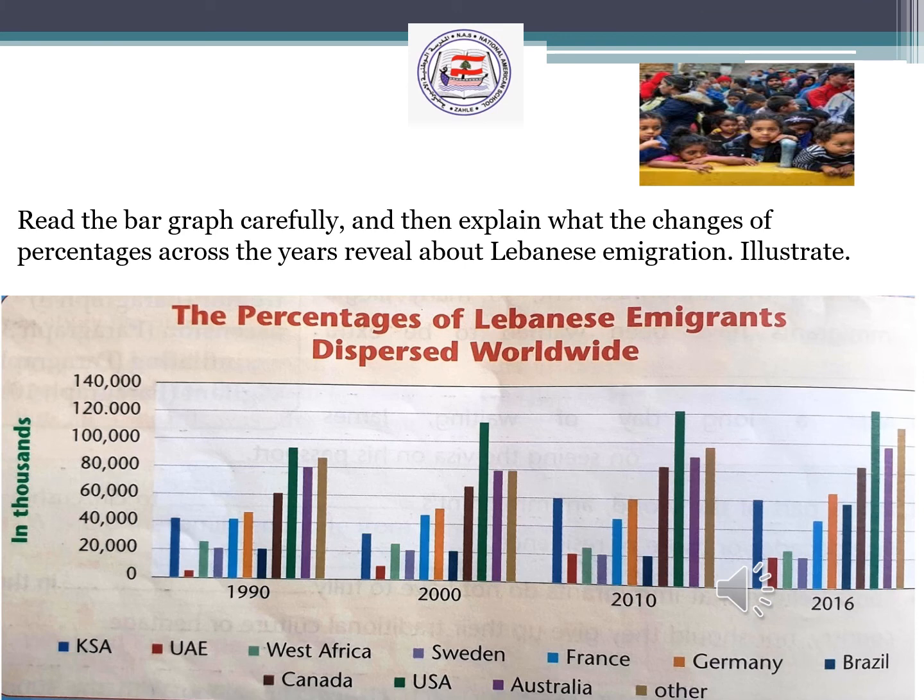Now read the bar graph carefully and then explain what the changes of percentages across the years reveal about Lebanese immigration and illustrate. Lebanese immigrants are widely dispersed across the world. It is clear that immigration has generally increased over the years except for Brazil.